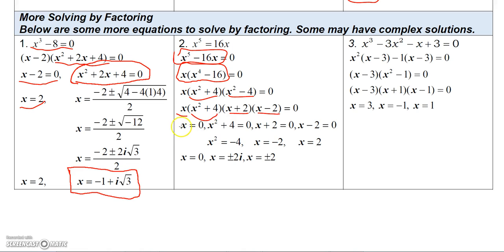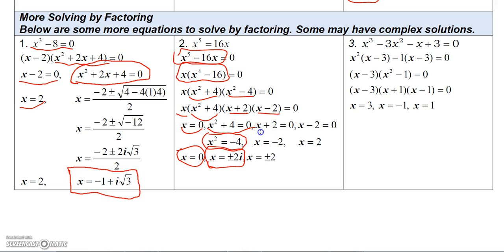So let's set each equal to 0. Setting x equal to 0 is easy. You just get x equals 0 for the answer. Now, if you set x squared plus 4 equal to 0, you have to solve that using the square root theorem. So let's move the 4 to the other side, and we get x squared equals negative 4. And so x must be plus or minus the square root of negative 4, and the square root of negative 4, if you've studied complex numbers, you know is plus or minus 2i.